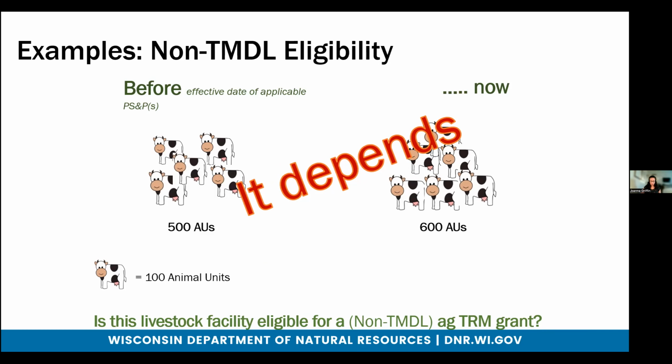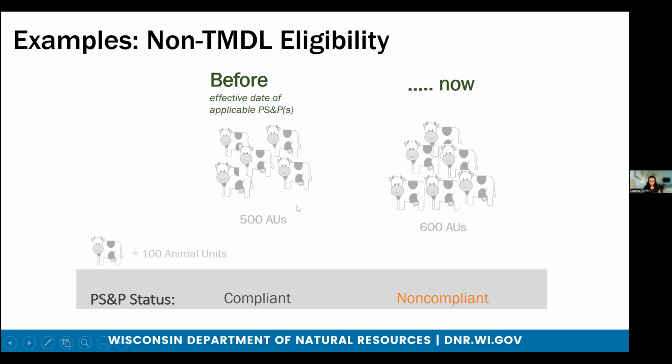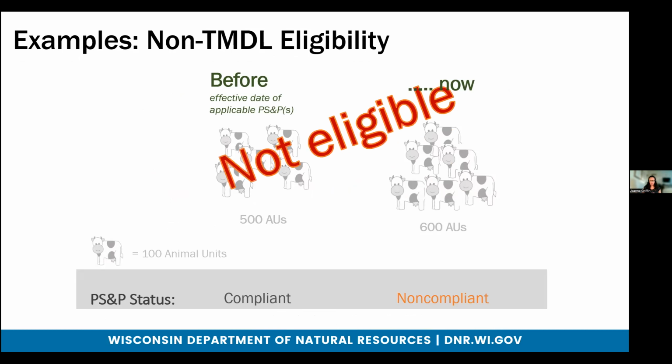If we add more information, we now know the performance standard status as well. The performance standard was compliant before the effective date and is now non-compliant. This example is not eligible. So even though the site existed at the time the performance standard went into effect, it was in compliance at that time.